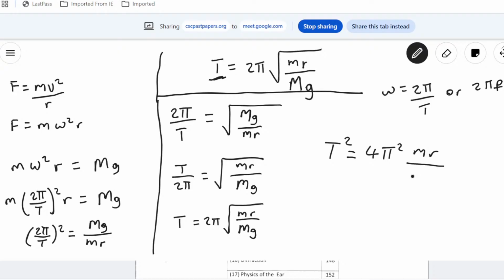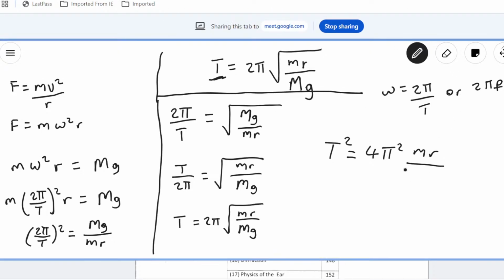Just get rid of the square root. This is why you are plotting T squared versus 1 over m.